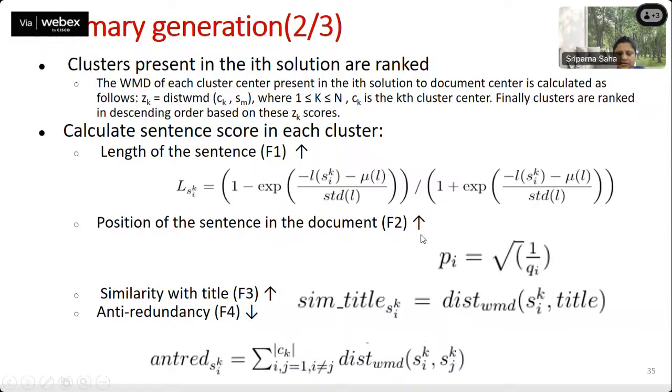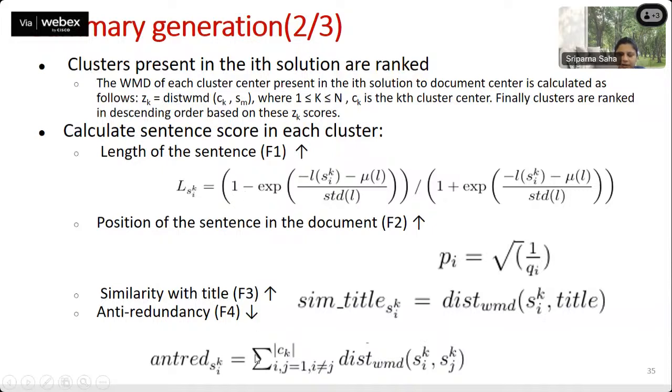Second, the position of the sentence in the document, because initial sentences are conveying more information. Third, similarity with the title: if the sentence is more similar to the title, then it is more important. Fourth, anti-redundancy: two sentences should be dissimilar to each other, so redundancy should be minimized.